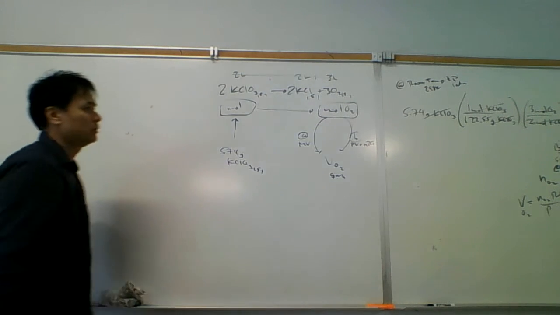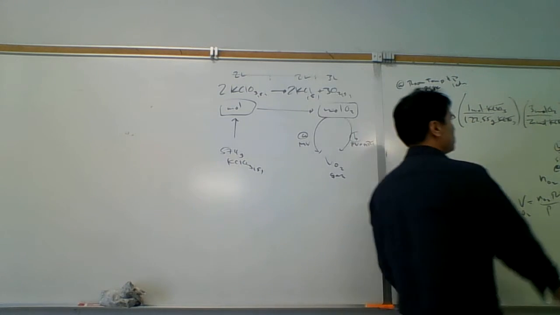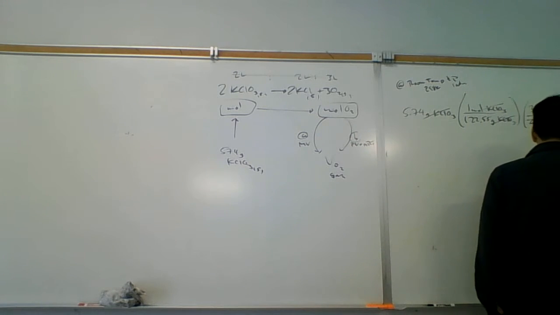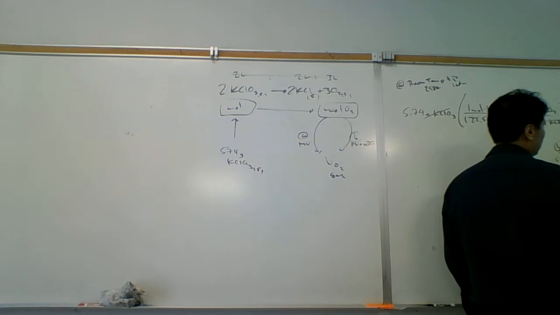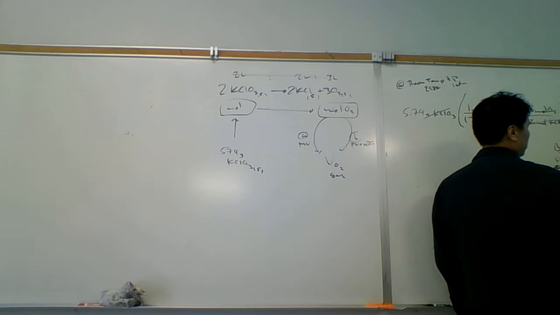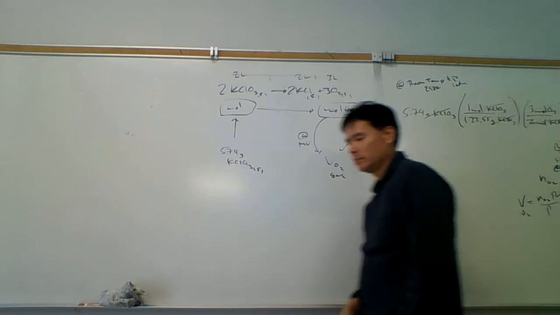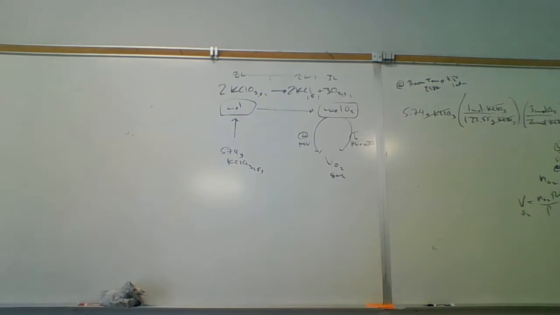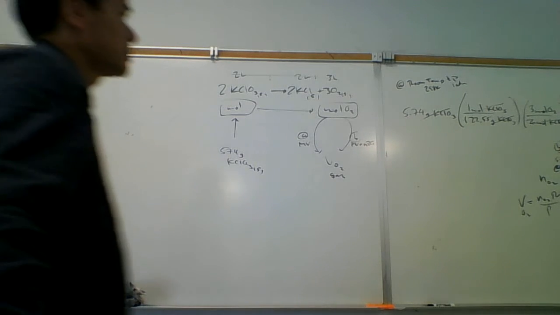But if I'm dealing with room temperature and room pressure, it's nice just to do it by A. It's quicker. But if I do it at some other temperature and pressure that I don't know the molar volume of, and I have to calculate it, then either way, probably okay. It depends on how many calcs you have to do. All right, so let's see what it comes out to here.